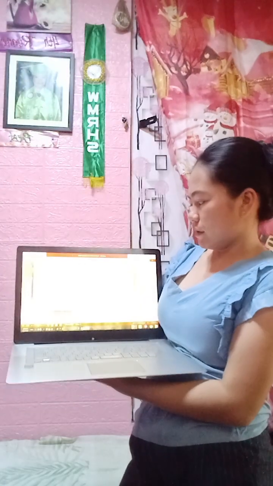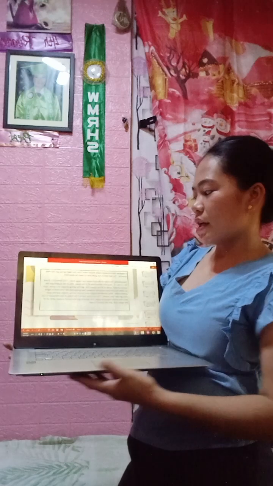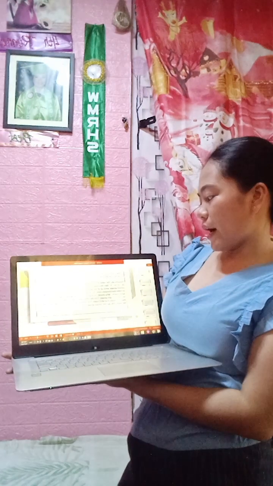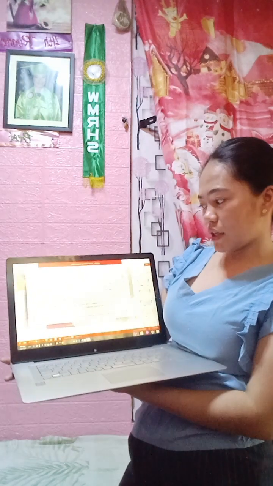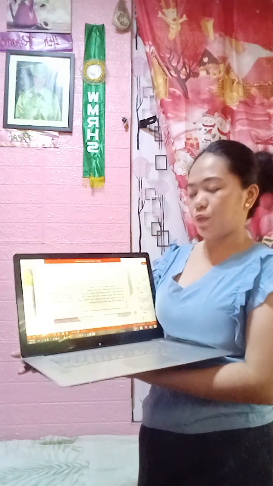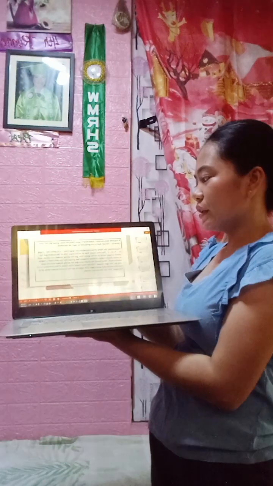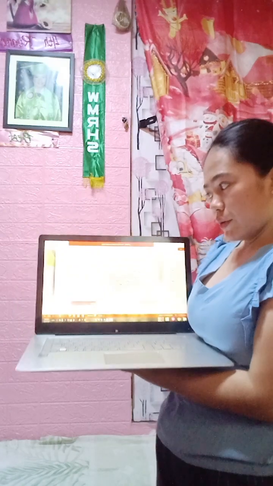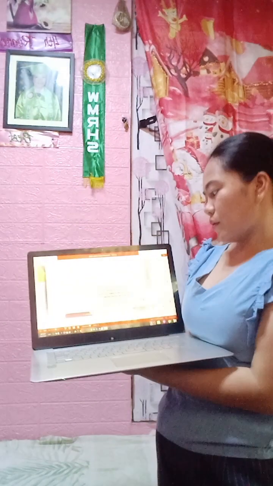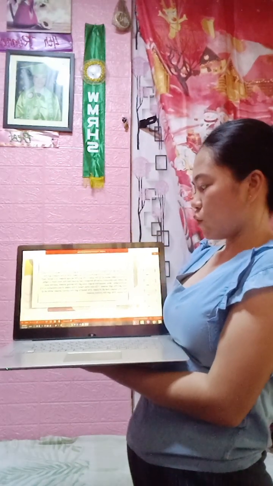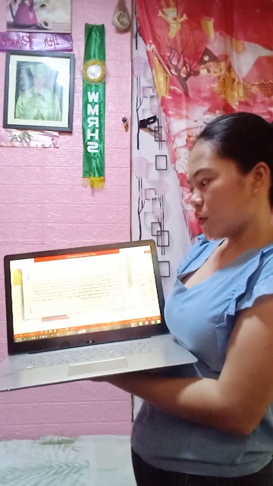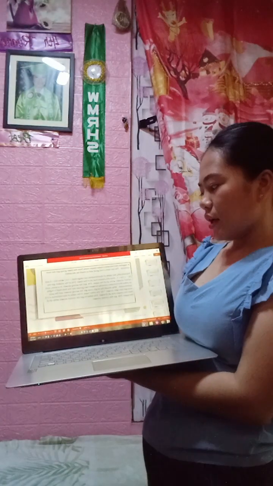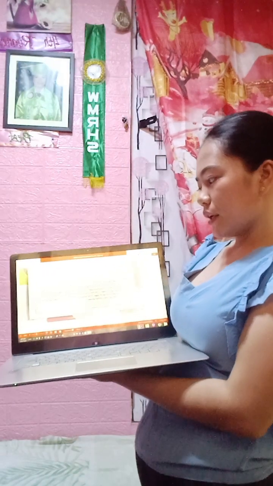Next, a negative discrimination index means more from the lower group got the item correct. The item is not good and so must be discarded. Theoretically, the index of discrimination can range from minus 1.0 to plus 1.0. When DU equals 0 and DL equals 1, then the index equals minus 1, meaning all of the lower 25% of the students got the correct answer, while the upper 25% got the wrong answer.